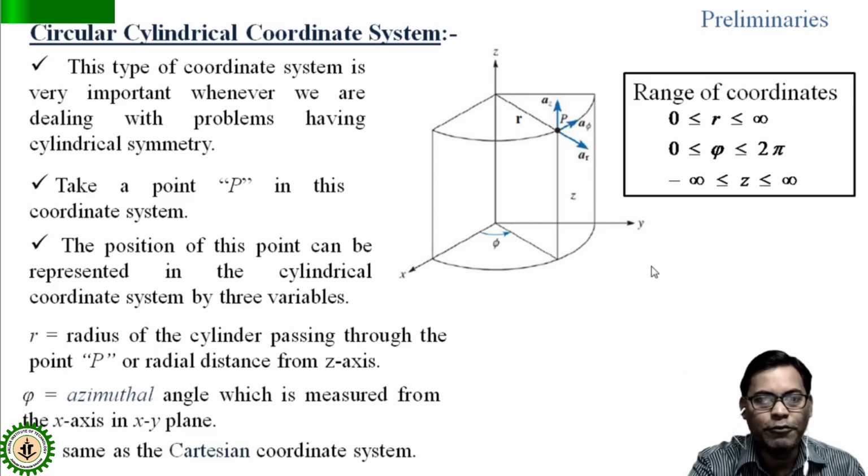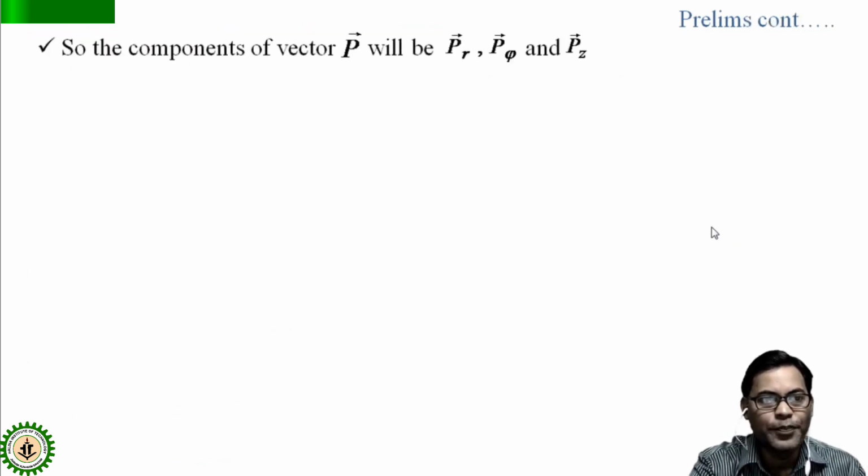So if we have these three coordinate axes, that is r, phi and z, then it will be easier to describe any distance vector or position vector in this cylindrical coordinate system, which we will see here. So here the components of vector P, that means from the origin to the point P, we are considering the distance vector P, and its components can be written just like in the Cartesian coordinate system, that is P_r, P_phi and P_z.